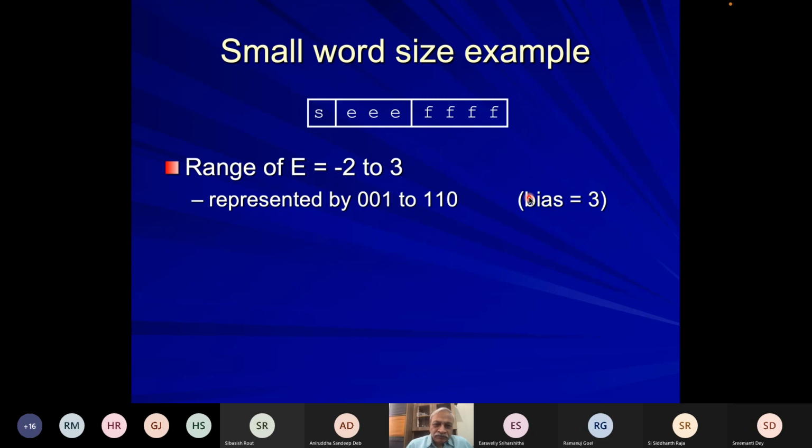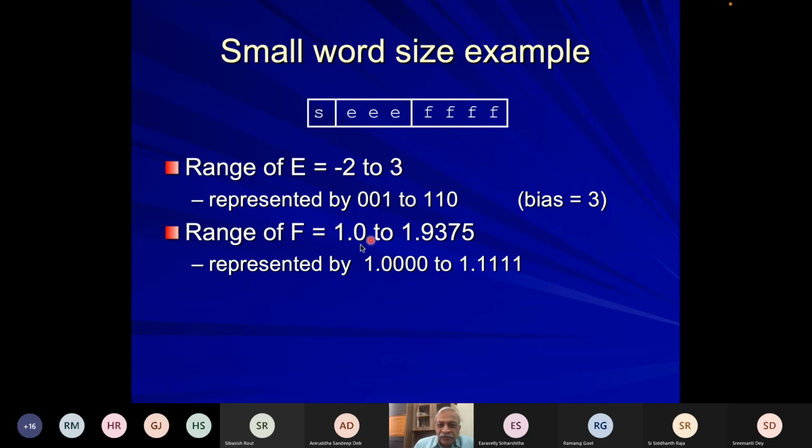Minus 2 exponent will be represented as minus 2 plus 3, which is plus 1. So 0, 0, 1 is the lowest exponent, which corresponds to minus 2. And 1, 1, 0 is the highest exponent. 1, 1, 0 means 6, and 6 minus 3 bias gives you 3. So that's the range of exponent.